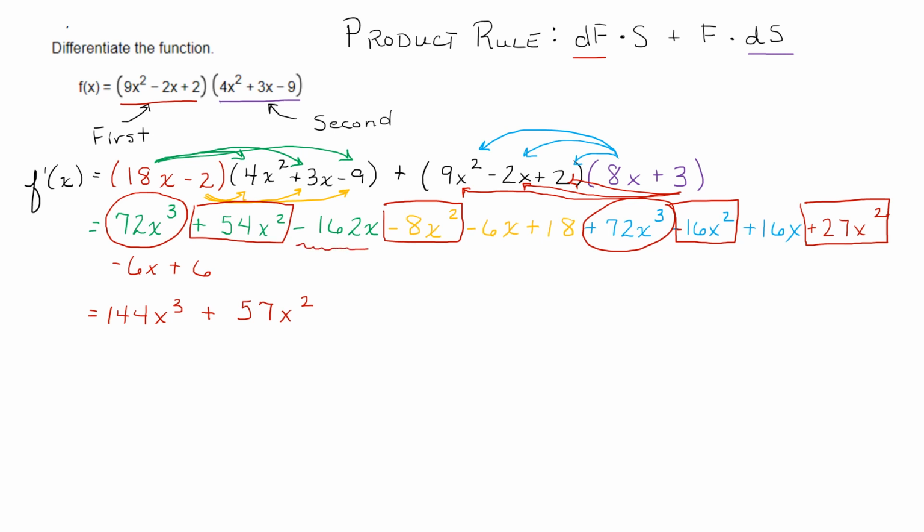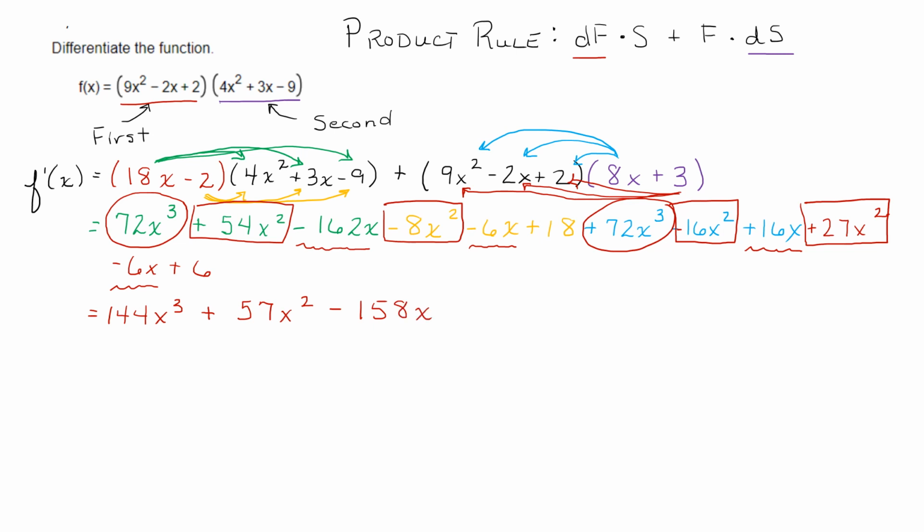Now let's look at our plain x terms. We have a negative 162x, minus 6x, plus 16x, minus 6x. And that's going to give us a negative 158x.